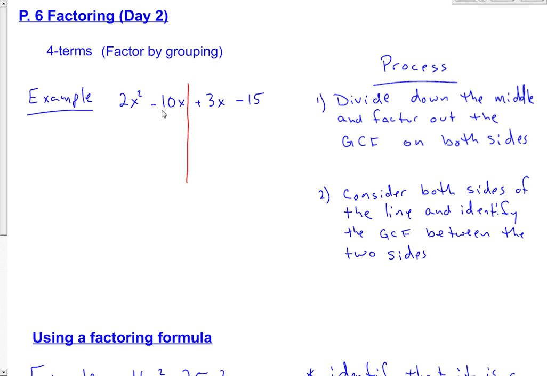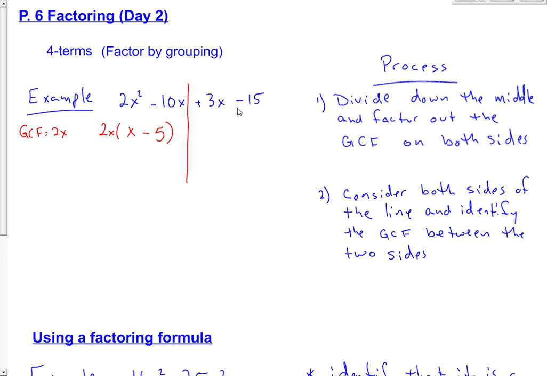So if I look at the first 2 terms, I have 2x squared minus 10x. My greatest common factor there is 2x. So if I factor out 2x, I'm going to be left with x minus 5 on the inside.